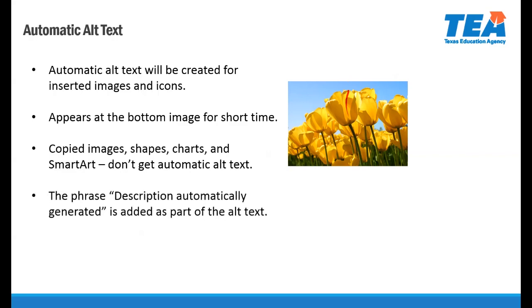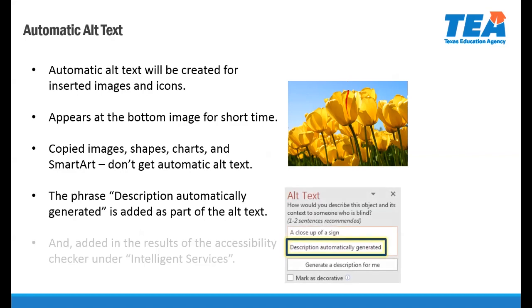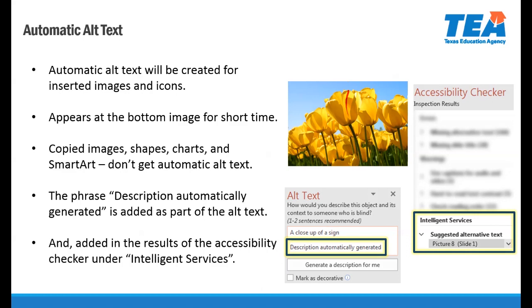The phrase "description automatically generated" is also added as part of the alt text. This will also add a category in the accessibility checker called Intelligent Services. Make sure you remove that phrase "description automatically generated" in your alt text.